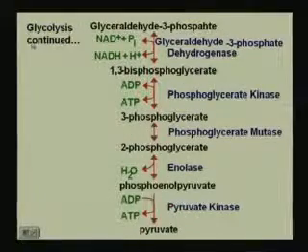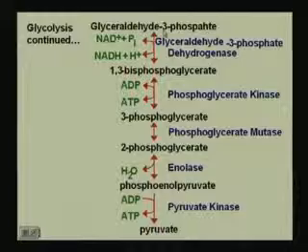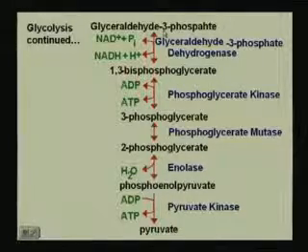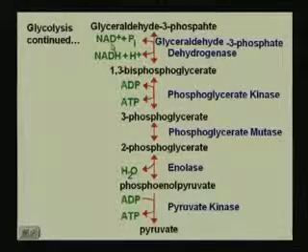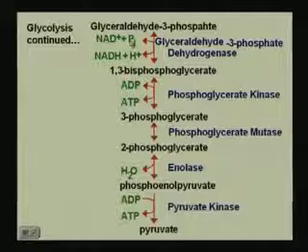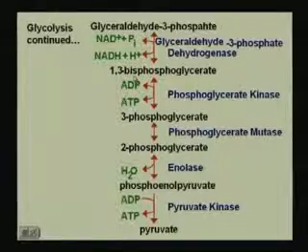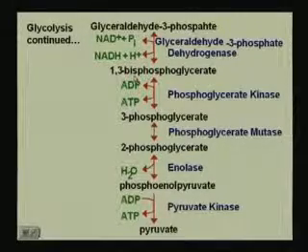So, what is our glycolysis continued? We have glyceraldehyde-3-phosphate with glyceraldehyde-3-phosphate dehydrogenase with the help of NAD plus and Pi forming 1,3-bisphosphoglycerate. Okay?